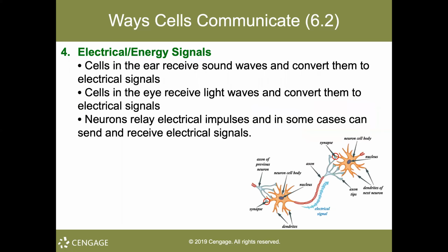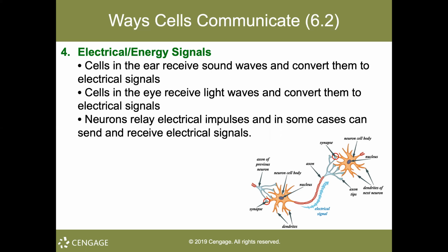And finally, signals can get to the target cell by, what you have here is a neuron. Your neuron will relay electrical impulses. And what this will do is cause the release of neurotransmitters, okay?